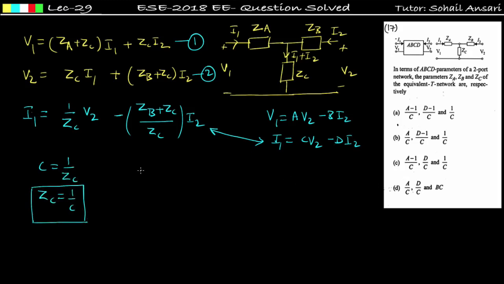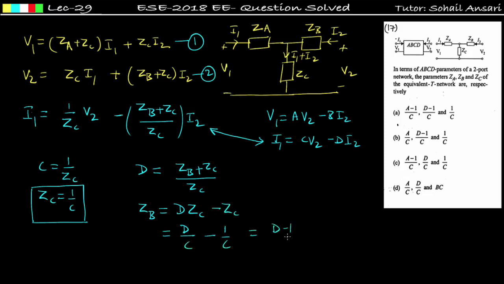Similarly, I can write D is equal to ZB plus ZC upon ZC. So from here, ZB is equal to D into ZC minus ZC, that will be equal to D by C minus 1 by C. It will be D minus 1 by C. So finally I am getting ZB is equal to D minus 1 by C. So we got ZB and ZC.